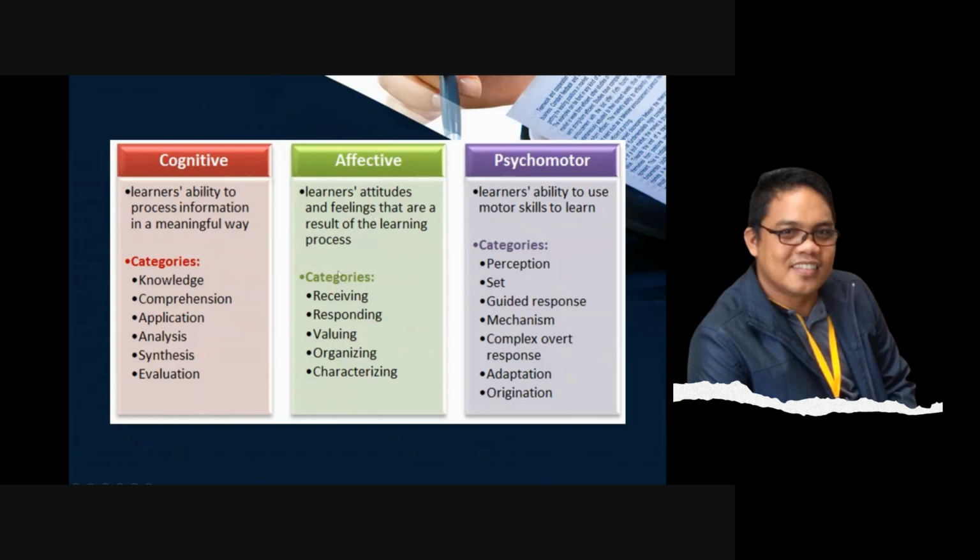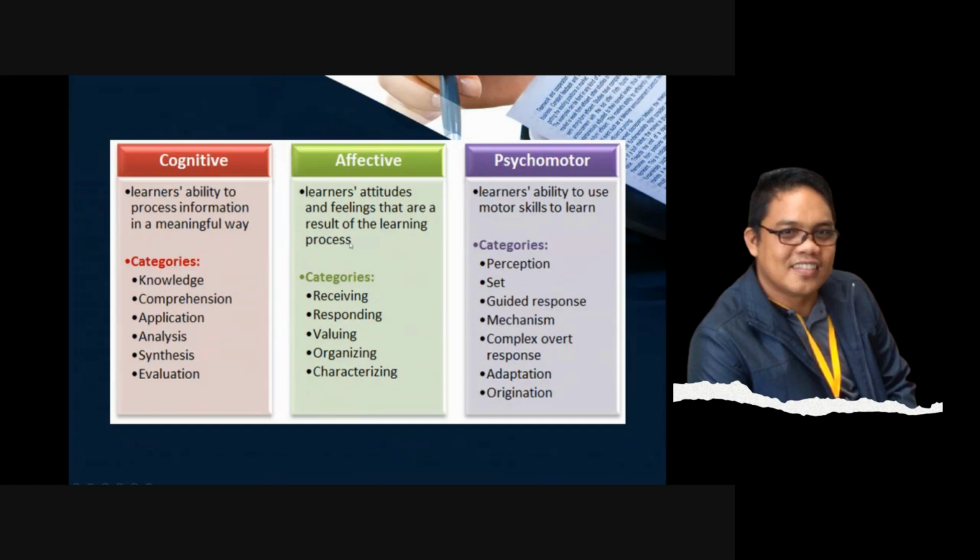Again, your objectives depend on the learner's need. Now, kailangan po ba na tatlo, cognitive, affective, psychomotor in making objectives? To my own opinion, it is not necessarily have to have these three. Okay, again, it depends on your learner's need.